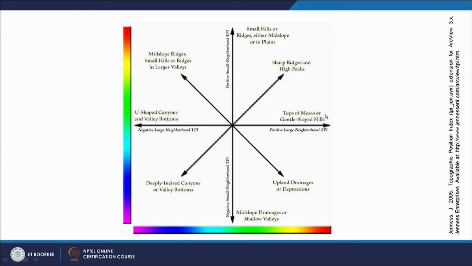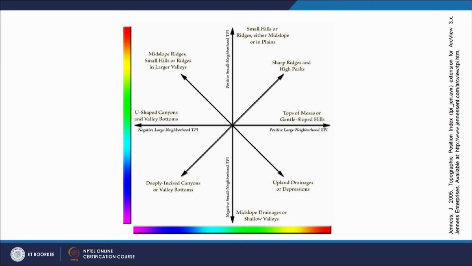A mesa is a landform. However, if we go for a negative large neighborhood TPI, on the same large scale but with negative values, then we have U-shaped canyons or valley bottoms. So just opposite landforms are classified.